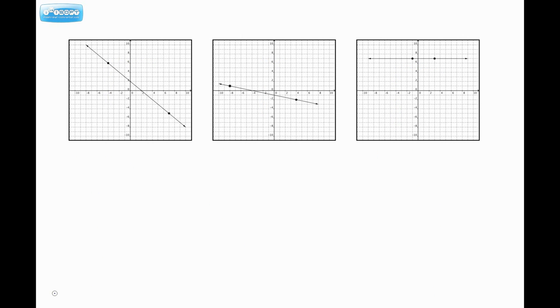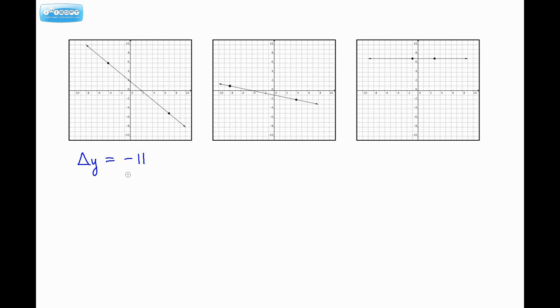Starting at the leftmost point, that would be here. In this case, our vertical change, we're actually going down. So if we're going down, the number is going to be negative. So for delta y, we have to go down 1, 2, 3, 4, 5, 6, 7, 8, 9, 10, 11.